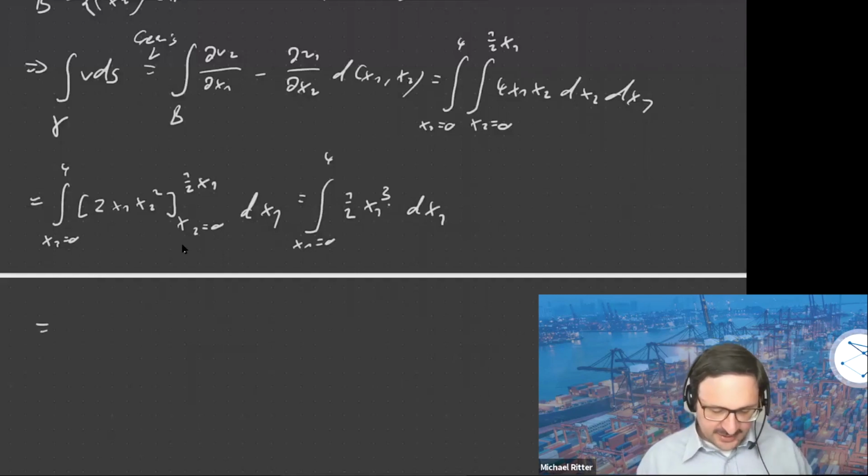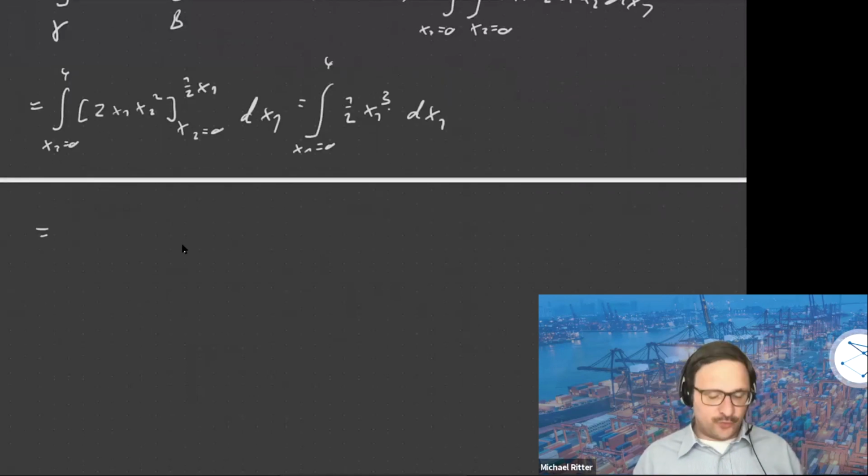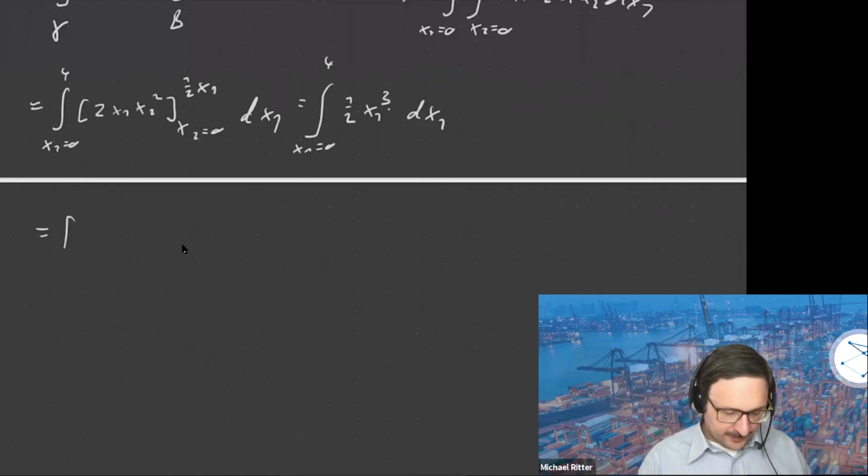And after the second, let's integrate with respect to x1 next. What we get is, let's see, 1/2 times 4 times x1 to the fourth, x1 from 0 to 4.